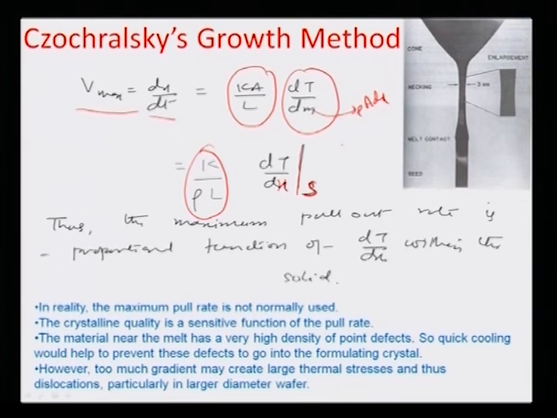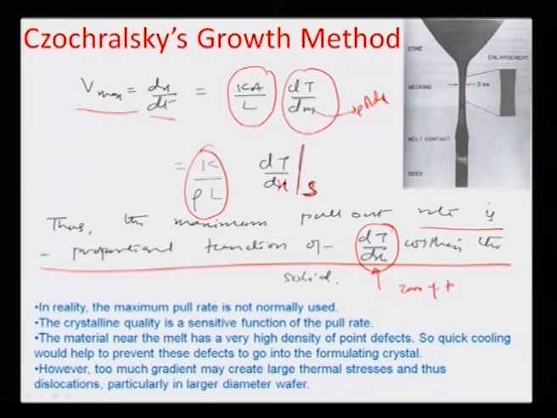So the maximum pull rate is proportional to dT by dx, or the temperature gradient from the zone of fusion onto the solid material. One may argue that if you have a very large dT by dx, it would result in maximum yield or maximum pull rate, which is actually not the case.